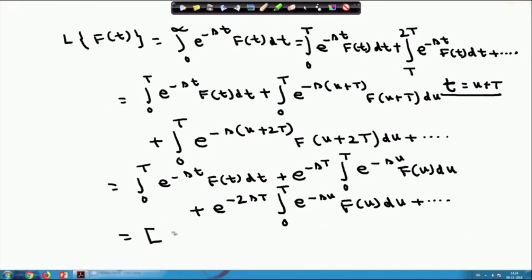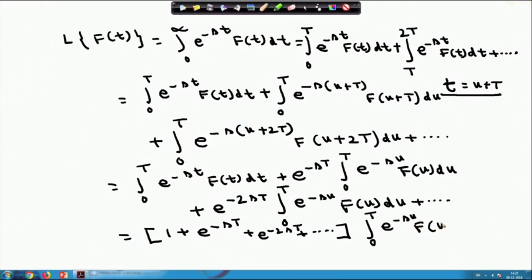So this equals, I can write down, 1 plus e power minus sT plus e power minus twice sT, like this it will go on and an infinite series will come, times 0 to T e power minus su into f(u) du.